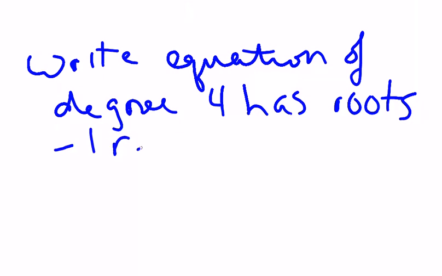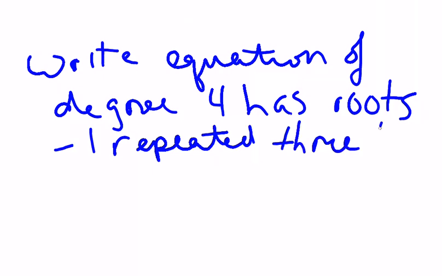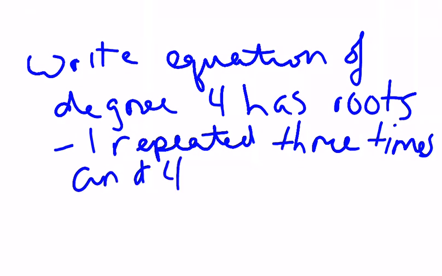So -1 repeated 3 times, and 4. So those are all our roots. We don't have to worry about any complex ones because we want a degree of 4. And if I have -1 repeated 3 times, that's -1, -1, -1, and 4.